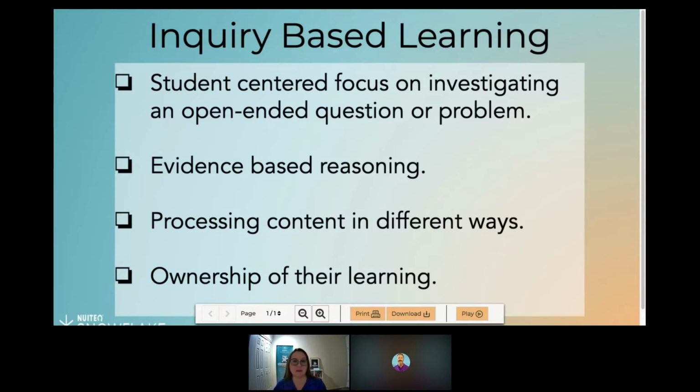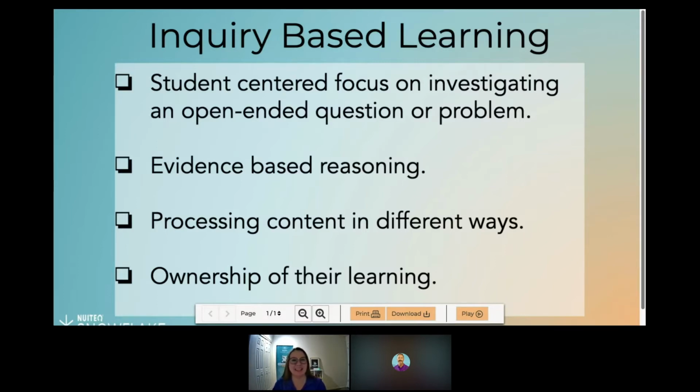One of the biggest benefits of using inquiry-based learning is it provides students with an opportunity to have ownership of their learning. When they are invested, when they are making it about something that they're interested in or something that they have an authentic buy-in to, it's going to make students more open to learning, and they're going to have that higher level of, I always call it grit.